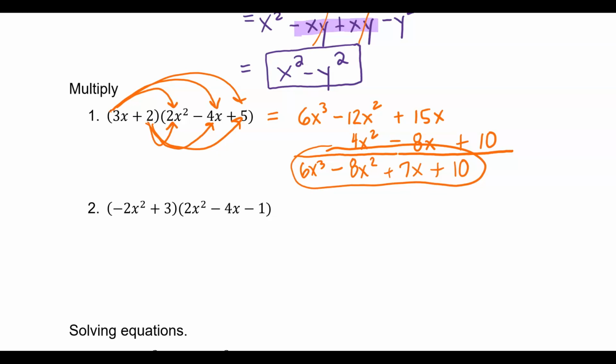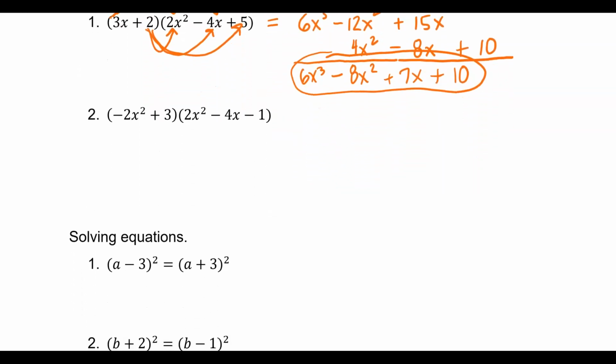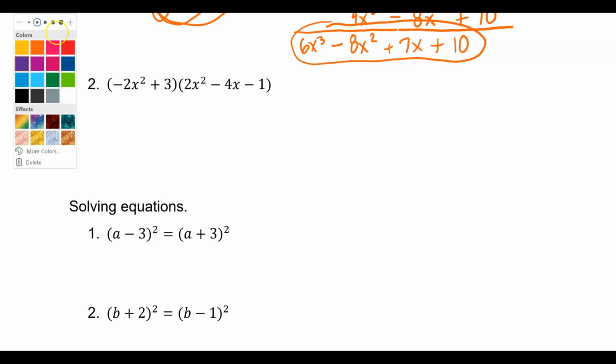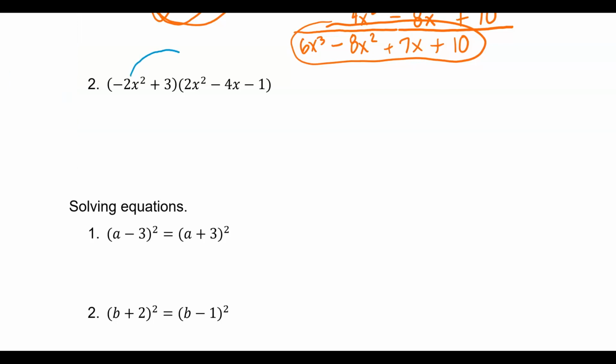Let's try another one like that. Number 2. We have a negative 2x squared plus 3, which is a binomial, times a trinomial. So let's multiply negative 2x squared times 2x squared, which is negative 4x to the 4th power.